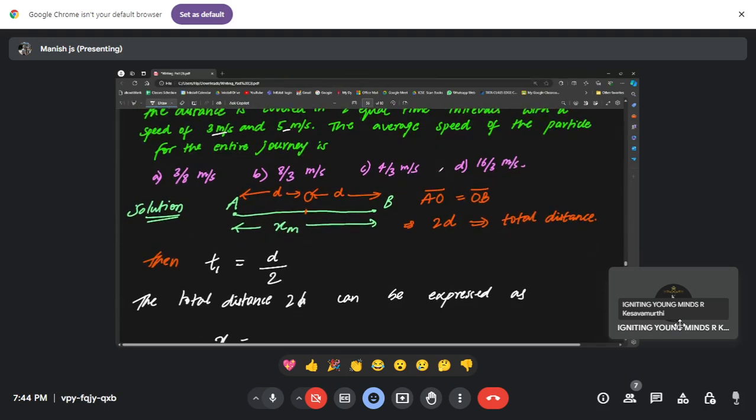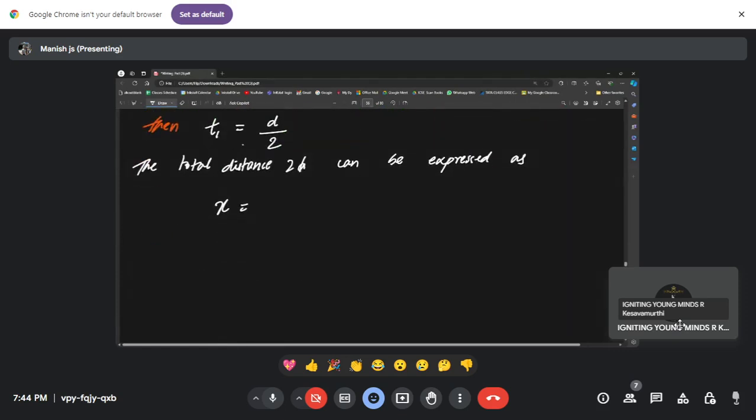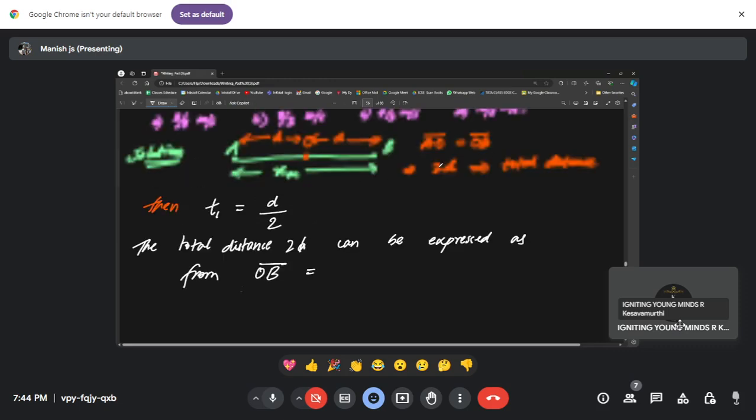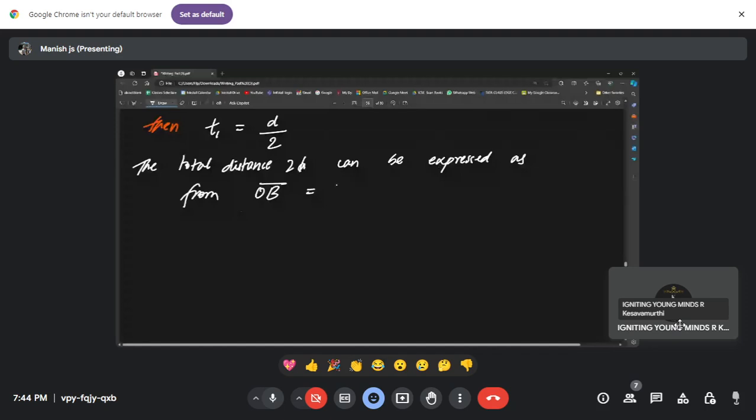That is for the next half from O to B. From O to point B, the distance traveled is nothing but speed into time, making use of that particular relation. So I can write this as 3 into T2 plus 5 into T2, since distance traveled is equal to speed into time.